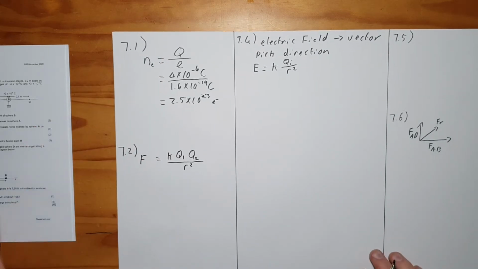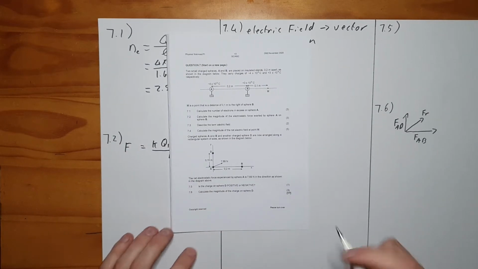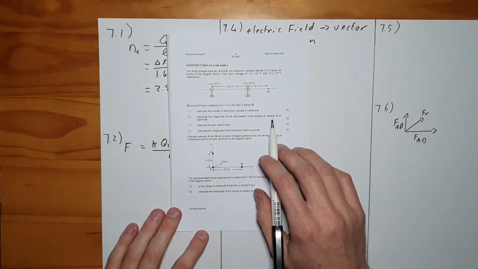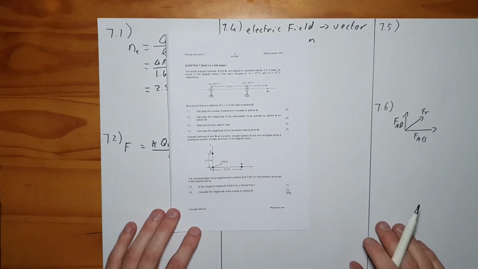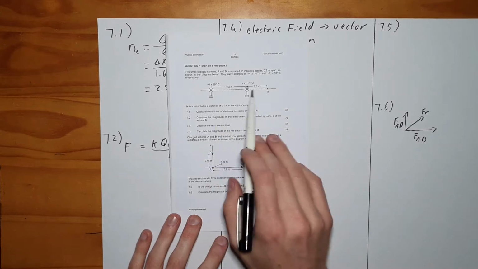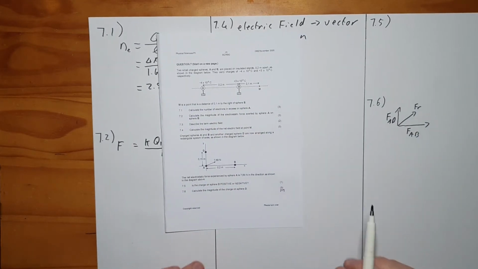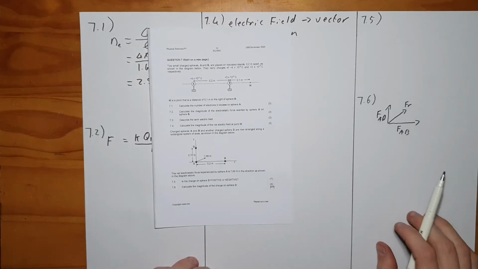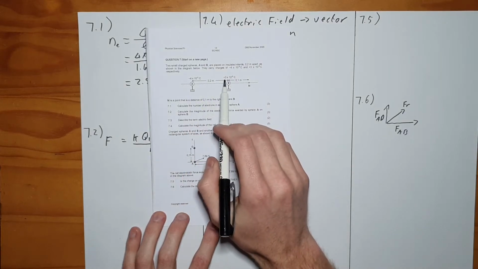Now 7.2 says calculate the magnitude of the electrostatic force exerted by sphere A on sphere B. So we're looking for the interaction between these two. Please remember that charge is a scalar quantity, not a vector, so we don't include the charge signs in our calculation.